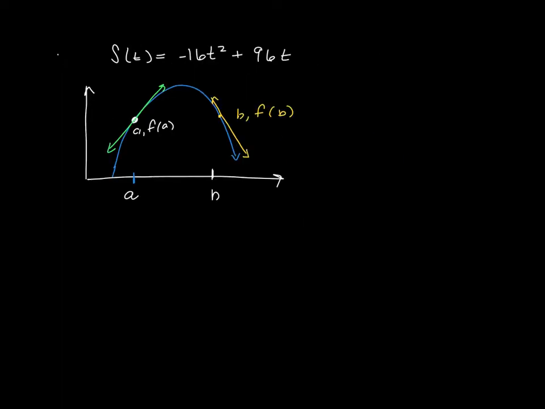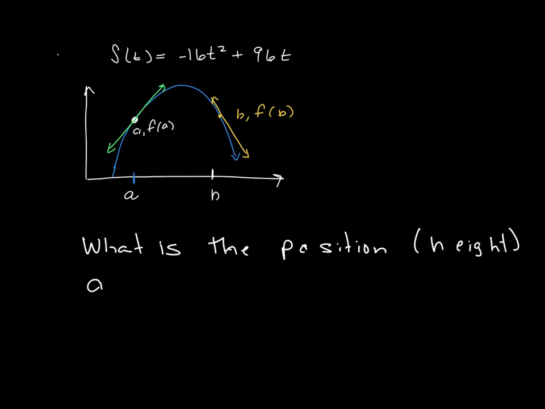So I'm going to start with the first question: what is the position, which in this case is the height, after 1 second. What that means is I want to find what S of 1 is. I go ahead and plug that in.